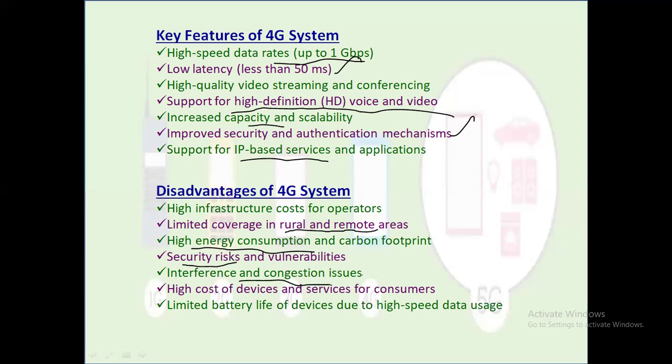This is the main disadvantage of this 4G. And a high cost of devices and services for consumers, and limited battery life of devices. Why is battery life limited? Because it uses high speed data usage.